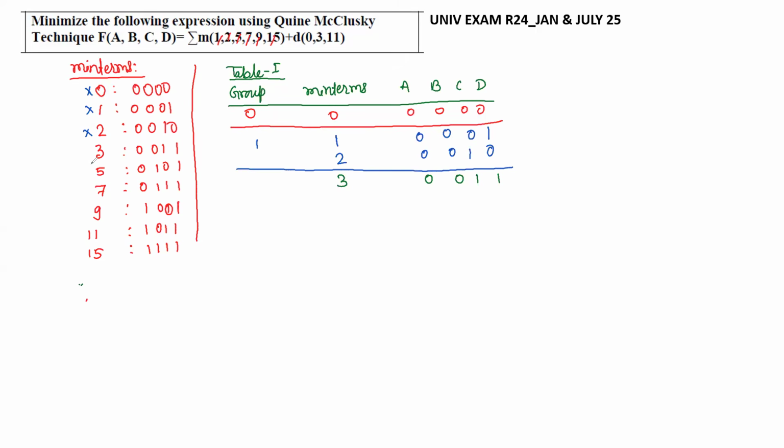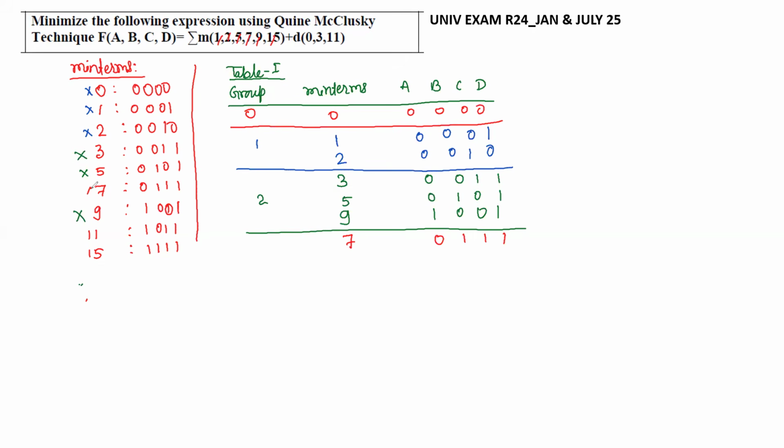Next, which one do we have? 3 we have taken. Next is 5 itself. 5 has number of ones 2: 0, 1, 0, 1. Next we have 9, so 1, 0, 0, 1. Apart from this, does anyone have number of ones as 2? No. So next we'll have 7. 7 has number of ones 3, so 0, 1, 1, 1.